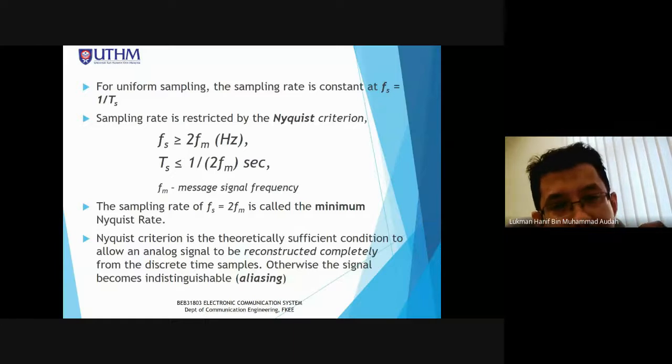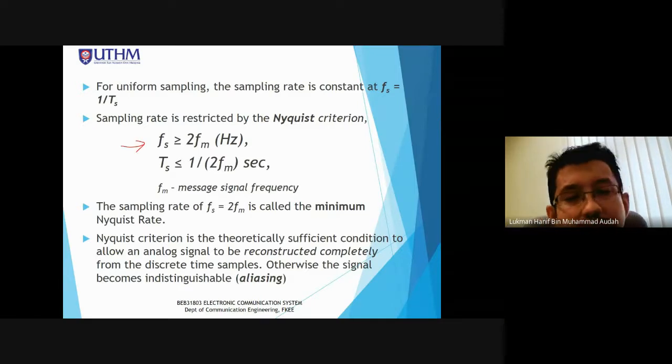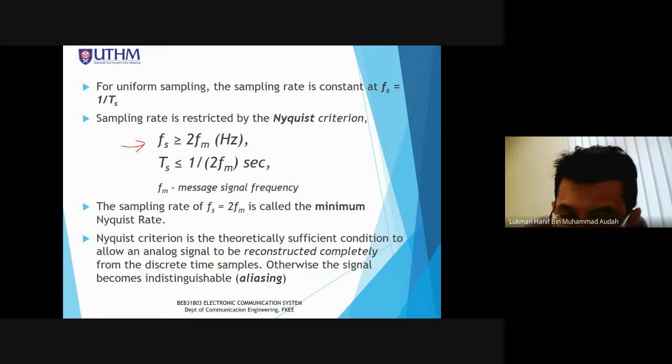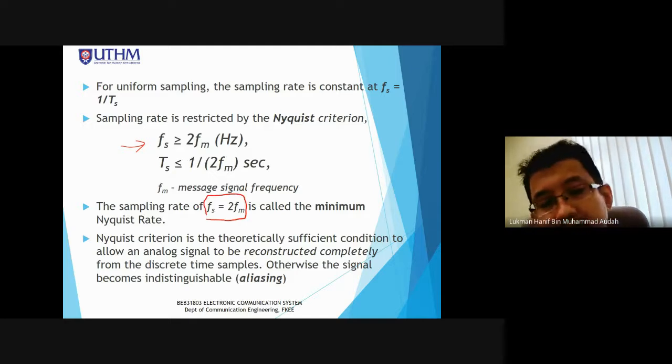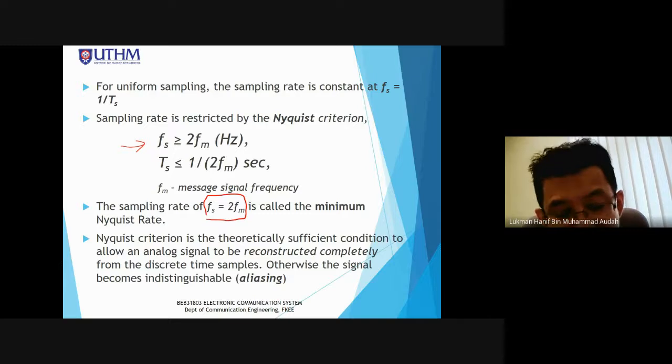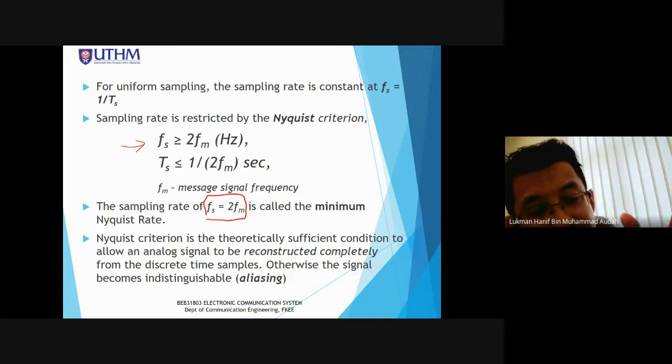So dikatakan di sini sampling frequency mestilah lebih besar atau sama dengan 2 kali modulating signal frequency. Minimum of sampling frequency must be 2 FM. Ini paling kecil. Tak boleh lebih kecil daripada ini. Besar boleh, kecil tak boleh.